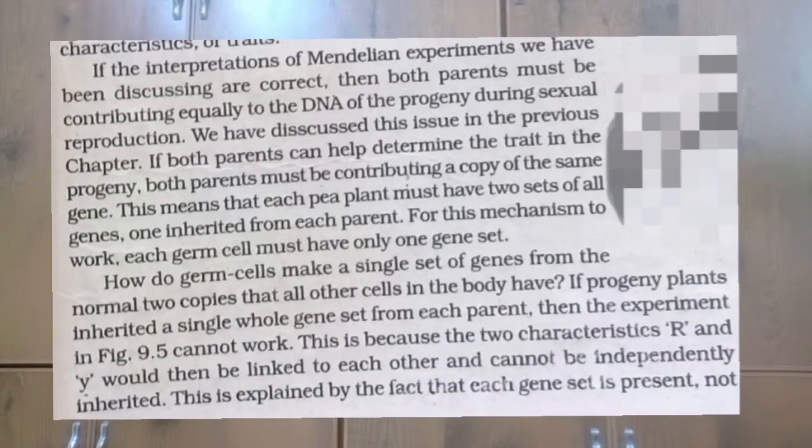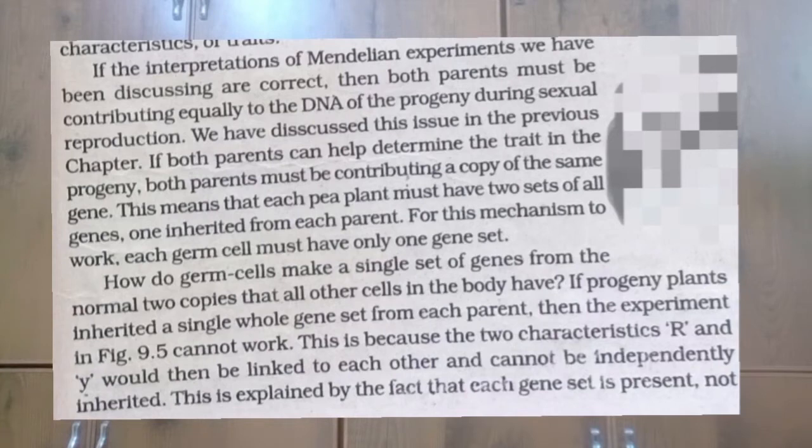Now, if these interpretations of Mendelian experiments we have been discussing are correct, then both parents must be contributing equally to the DNA of the progeny during sexual reproduction. We discussed this in the previous chapter, how do organisms reproduce.